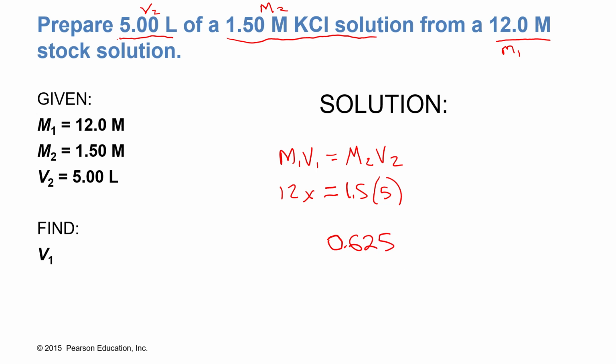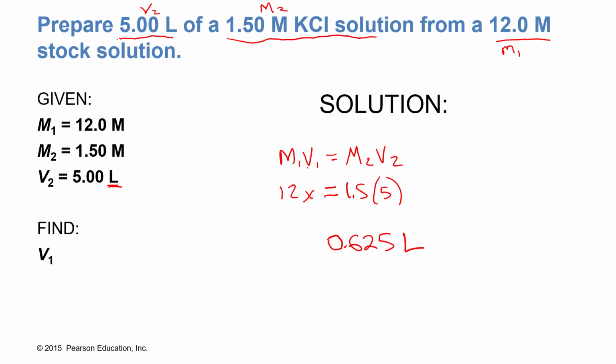Now what unit? Well, we started with a unit of volume as liters, so we're going to keep the unit of volume as liters. Unlike the molarity calculation, where we used moles per liter, we don't have to use liters. It's just that on both sides, the volume unit has to match.